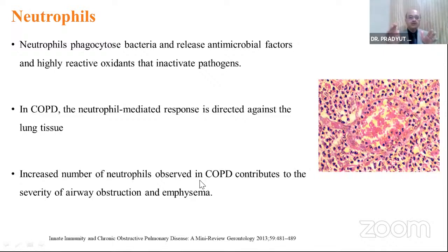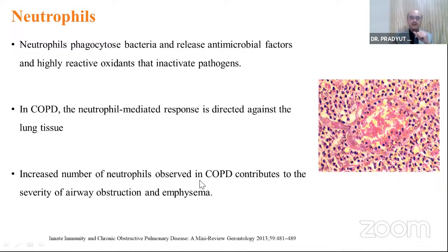Now in COPD patients, this neutrophil mediated response is reduced, and in fact this response is directed against the patient's lung tissue itself. Therefore, an increased number of neutrophils is observed in COPD wherever there is increased lung destruction. So the more the lung destruction, the more neutrophils are found there. So here the neutrophils are revolting; rather than preventing damage, they are causing damage in the lung itself.